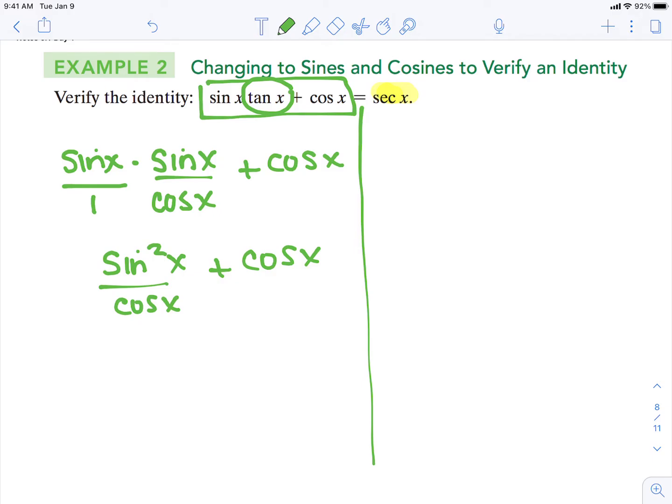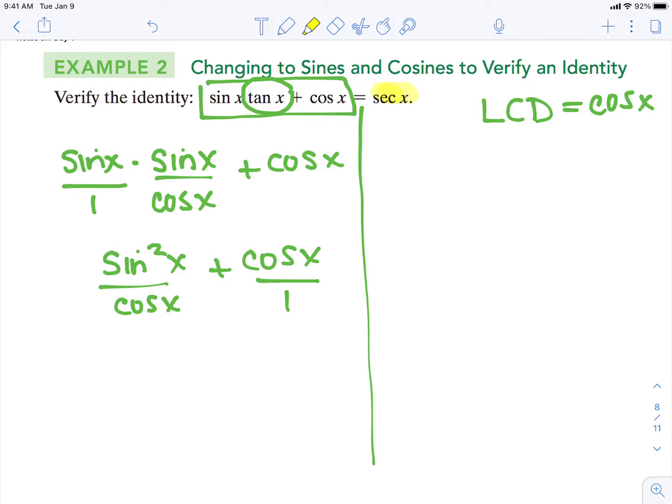Now, in order for us to combine these into one term, we want to find common denominators. So I'm going to go ahead and change this to a fraction, and we want to find the LCD. What is the least common denominator for these two fractions? And that is the cosine of x.